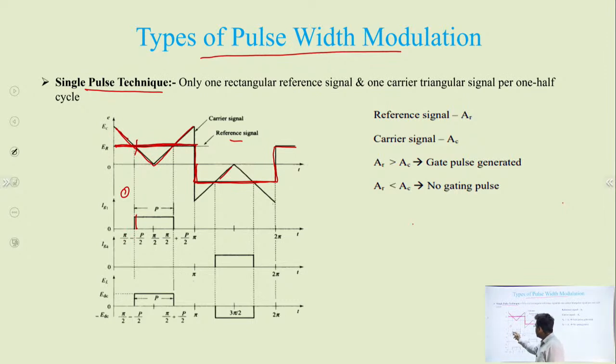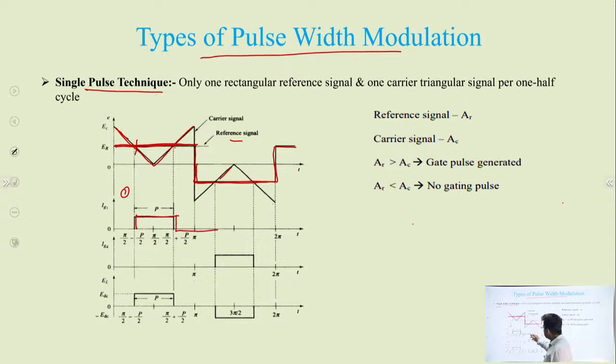The pulse is generated for the duration when the carrier signal is less than the reference signal. When the carrier signal is higher than the reference signal, we again get the off.